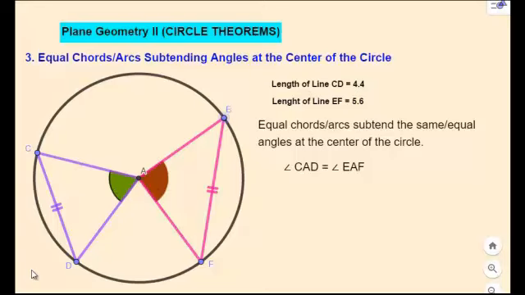Let's see if the angles would be the same. Can you see that angle CAD doesn't fit equally on angle EAF, which means they are not the same now. So when any of the chords has a different length, it means that their angles would also never be the same. They wouldn't be equal.